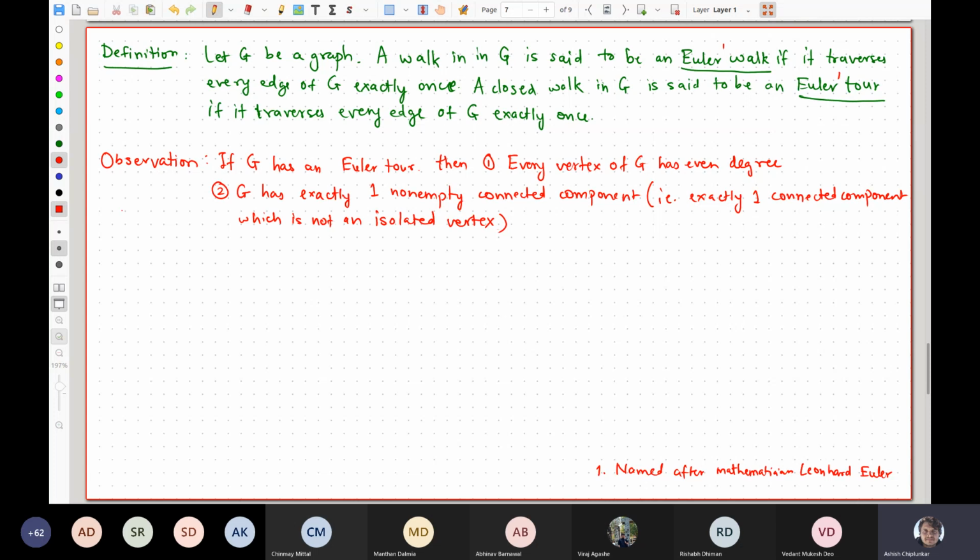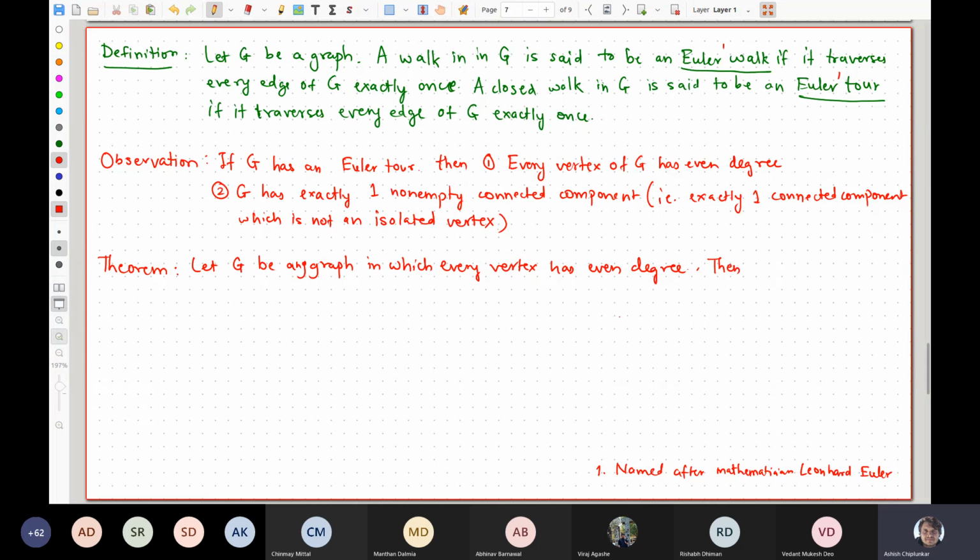Okay, so the claim is the following. The theorem is the following. Let G be a graph in which every vertex has even degree.